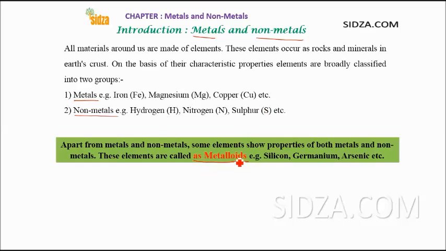The metalloids are those elements which resemble both metals and non-metals. Actually, their properties resemble both metals and non-metals. That's why they are called metalloids, like silicon, germanium, and arsenic. These are the metalloids.